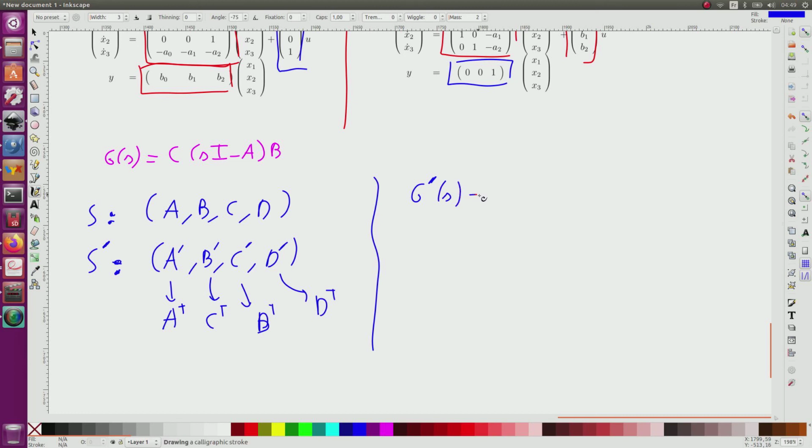So I will obtain that it is equal to C prime times (sI minus A prime) inverse B prime plus D prime, which is equal, due to the fact that they are linked by some transposition to the matrices of S, to B transpose times (sI minus A transpose) inverse C transpose plus D transpose.